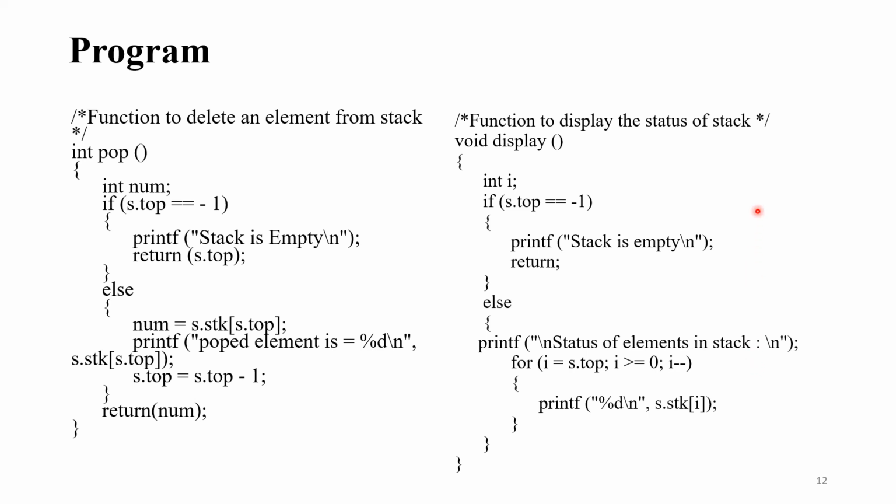If top is 4 and bottom is 0, we print values from top to 0. That's why we write i-- here. Then print the value s.stk[i], where using %d we print the value from the stack.